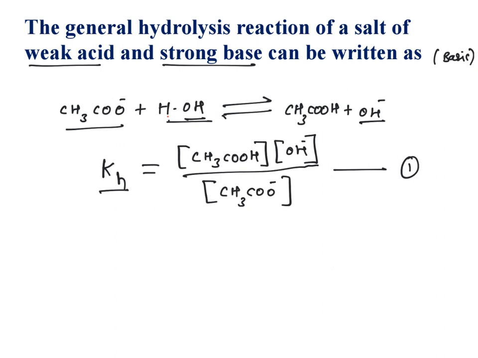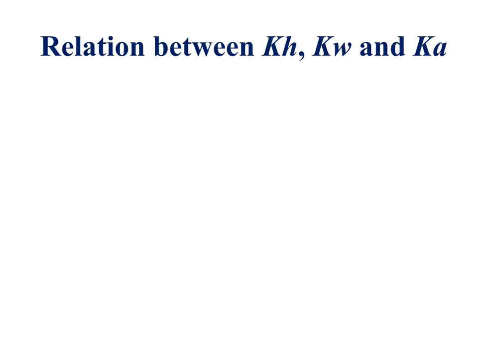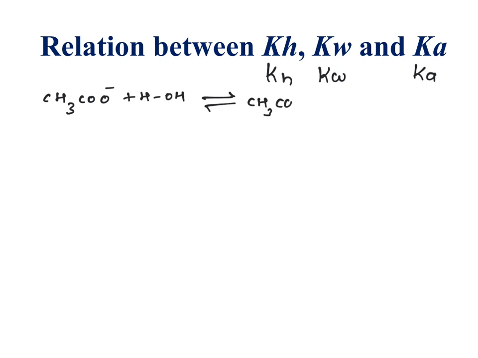Let's move on to the relationship between Kh, Ka and Kw, the ionic product of water and the acid dissociation constant. If I write the hydrolysis reaction again, the acetate ion converts into acetic acid plus OH minus.